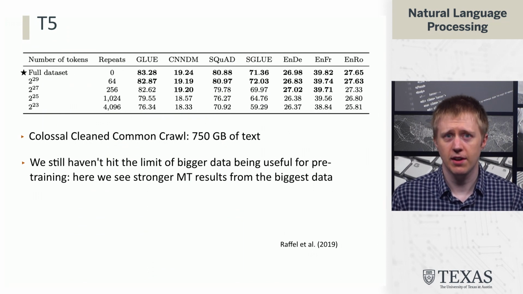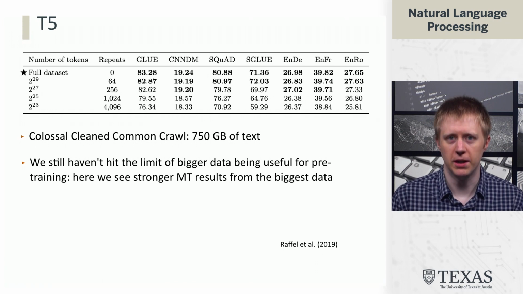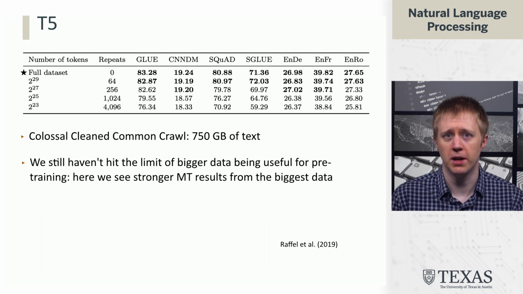And I'm not going to go through all the results on this either. They had a very large corpus of text, and one of the interesting results they showed was that we still haven't really hit the limit of bigger and bigger data. This was before GPT-3, so it's a little bit hard to know, but at least at the time, what they were arguing was that seeing more unique data, with the full data set on top here compared to subsets of the tokens below, gave better performance.